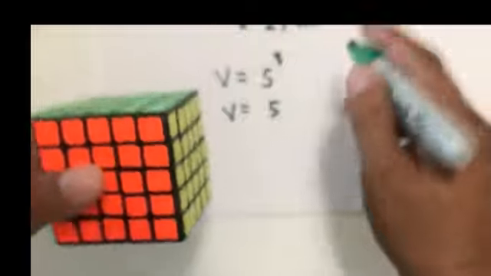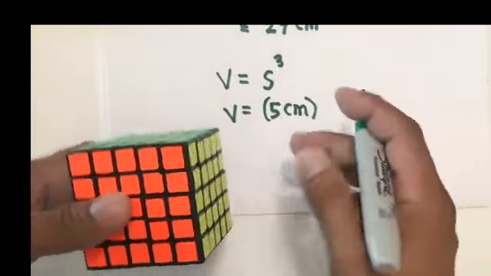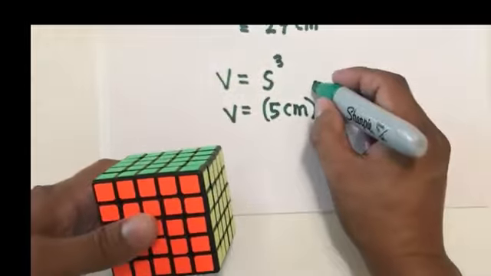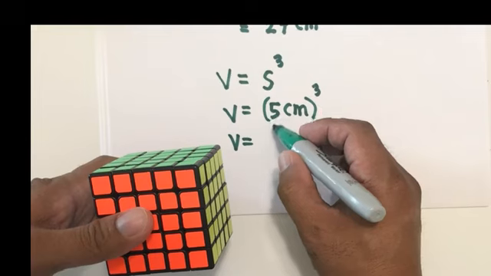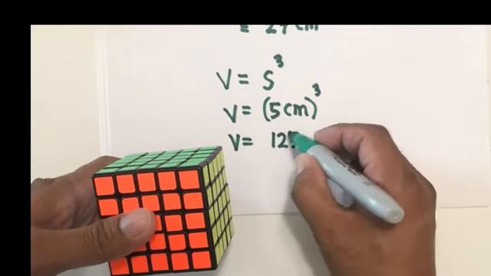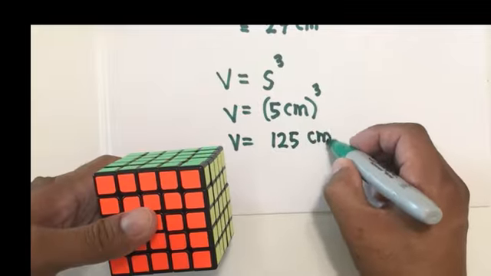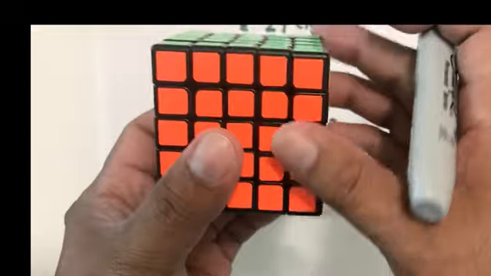Let's assume again that the unit here is centimeter, so 5 centimeters cube. And so we have a volume of 5 times 5, 25, times 5 is 125 cubic centimeters. So the computational part is easy.